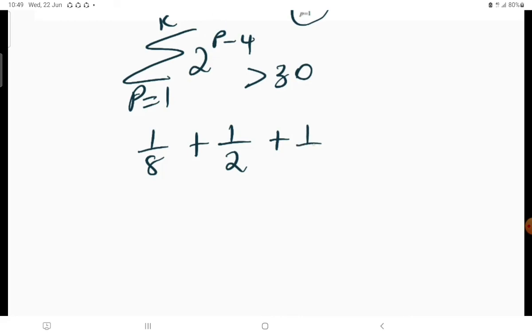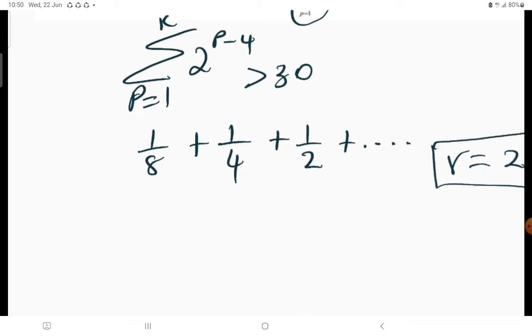If you put 2 here, you'll be having 4 here. Then if you put 3, you'll be having just 2. Then you can see that it continues that way. Now, you can see that your R now is equal to just 2, and you can see that this series is not convergent.